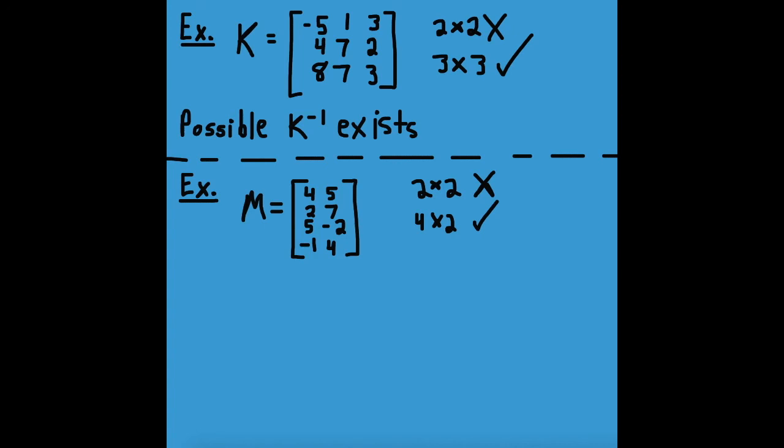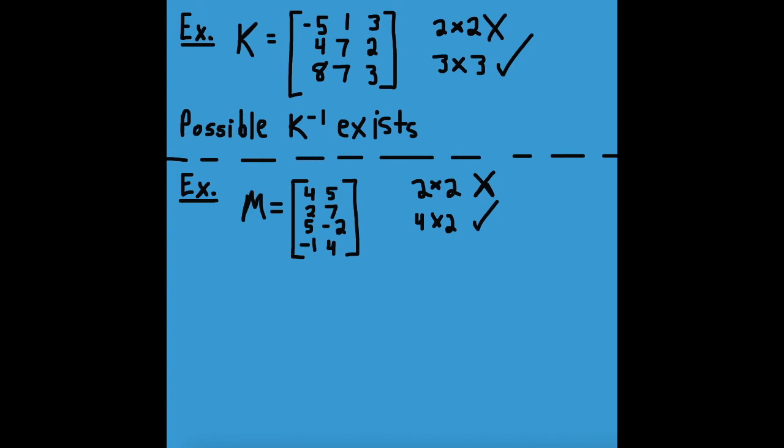But how is this example different from the previous example of the 3 by 3 matrix we just did? In the previous example, we concluded that there is a possibility of having the inverse matrix, since the number of rows equals the number of columns.